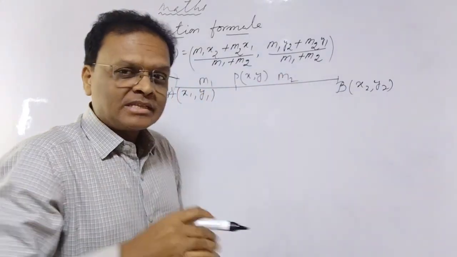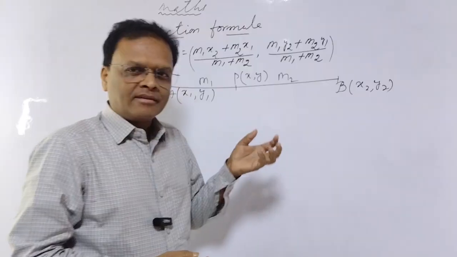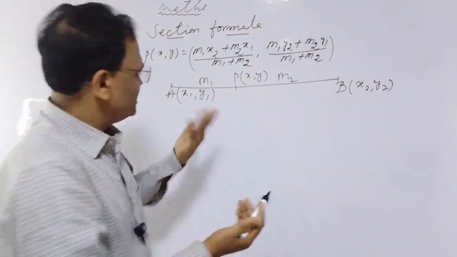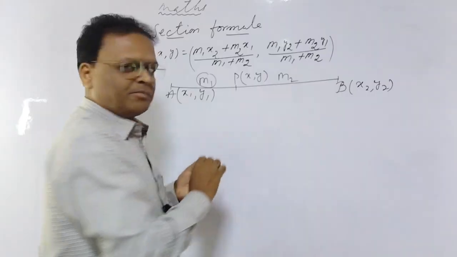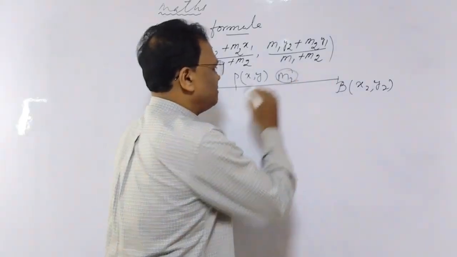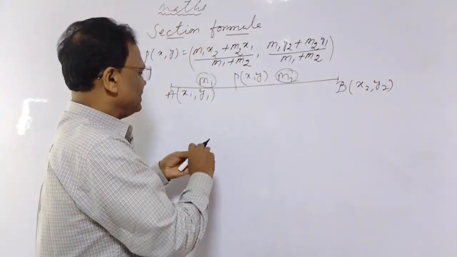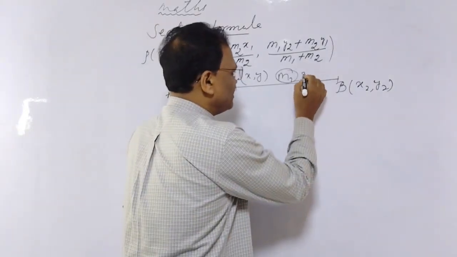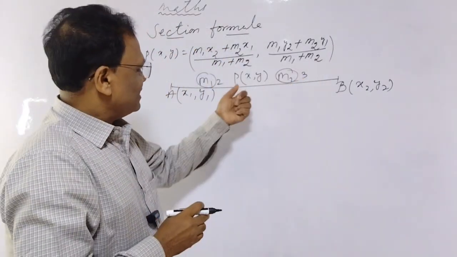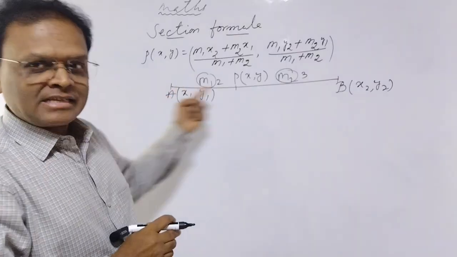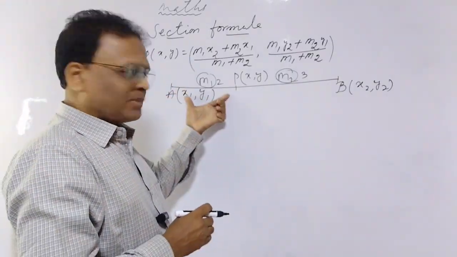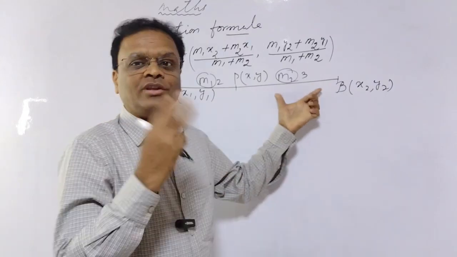That means I can write 2 instead of m1 and 3 instead of m2. So this point divides the line segment AB in the ratio 2:3, meaning this part is 2 parts and this is 3 parts.